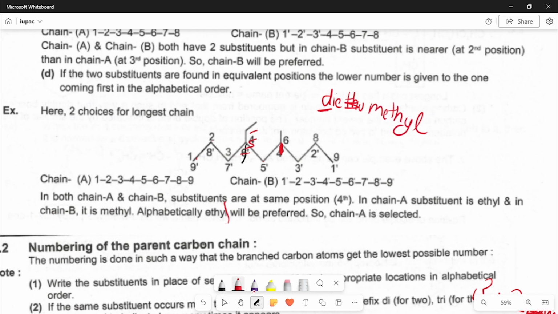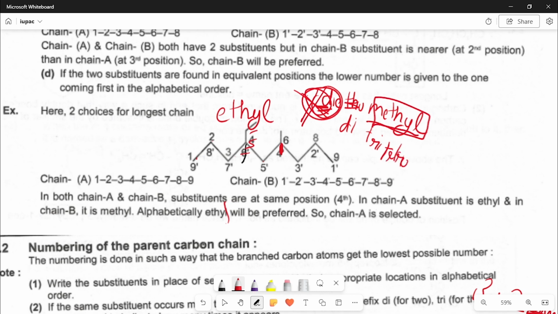So considering ethyl and dimethyl, the D is coming first. But we do not count this di, tri, tetra. We're only going to count the main substituent name, methyl. For now, remember it. When choosing by alphabetical order, we're only going to focus on the main name of the substituent.